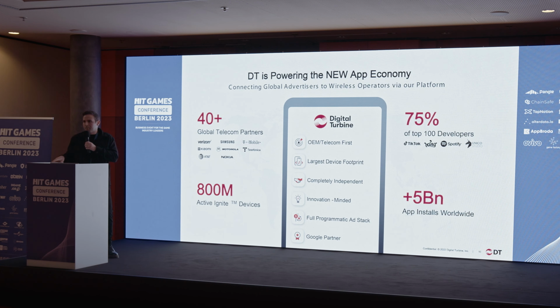Just to give you a benchmark, Digital Turbine's Ignite software is on almost 80% of the whole United States Android market, which means we can activate hundreds of thousands of mobile devices on a daily basis. So if you're asking yourself right now, okay, apart from Meta, apart from all those big walled gardens, you're showing us an alternative source, we understand.